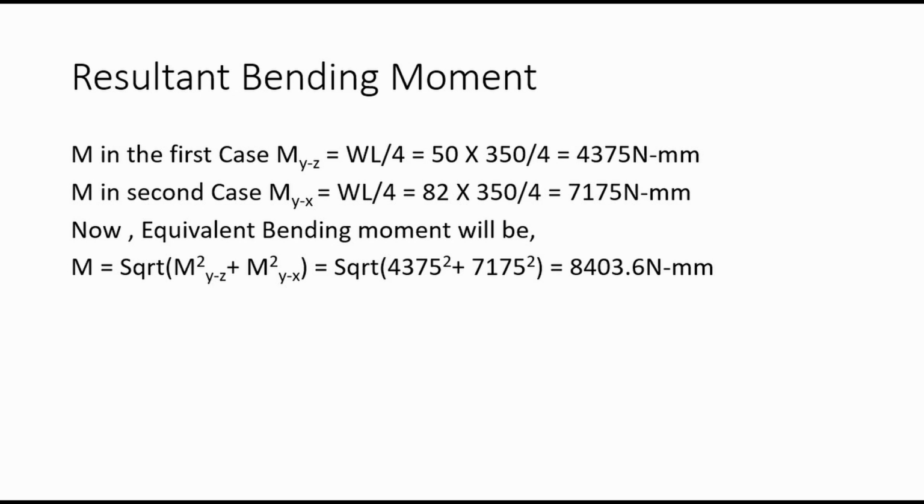M in the second case, that is M in XY plane, which is WL by 4 equals 82 times 350 by 4 equals 7175 Newton millimeter. Now the equivalent moment M will be given by M equals square root of MYZ square plus MXY square, which is the square root of 4375 square plus 7175 square. After solving, we will get 8403.6 Newton millimeter.